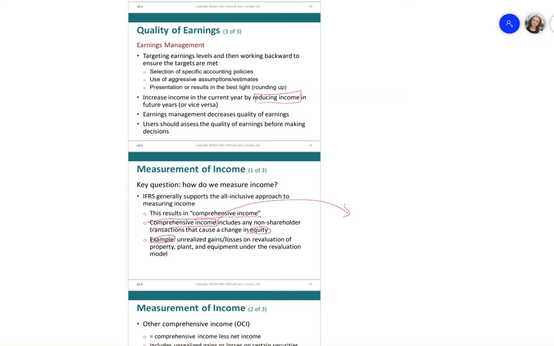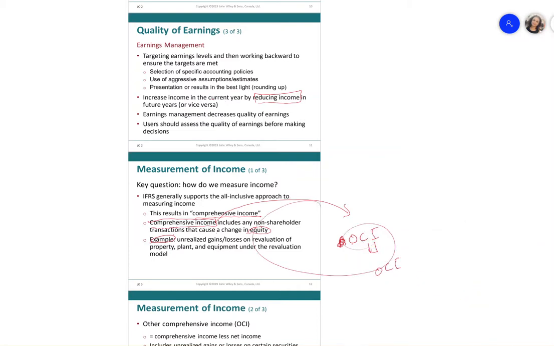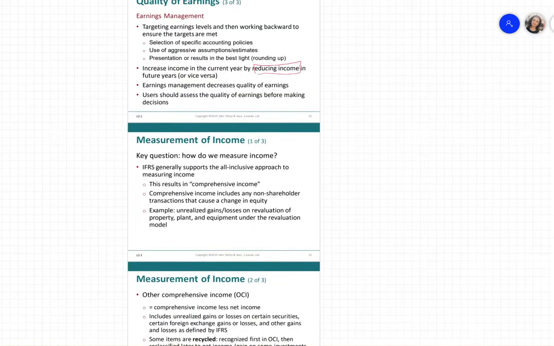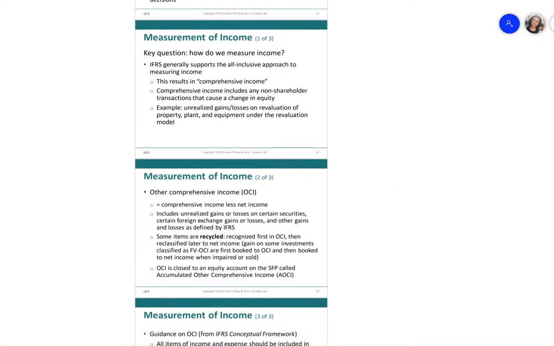This accumulated other comprehensive income sits under the equity account. So everything gets closed out at the end of the year. Everything from the income statement gets closed out. So of course, if the other comprehensive income sits on your income statement, it needs to be closed out.